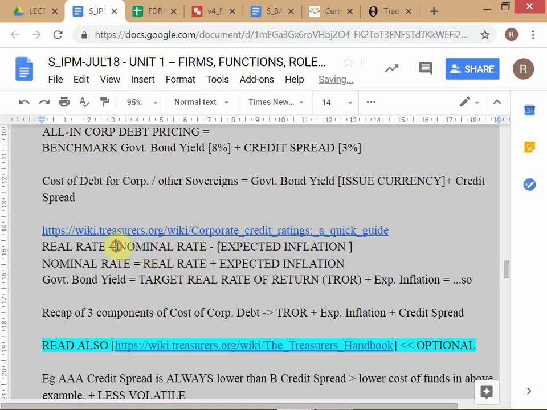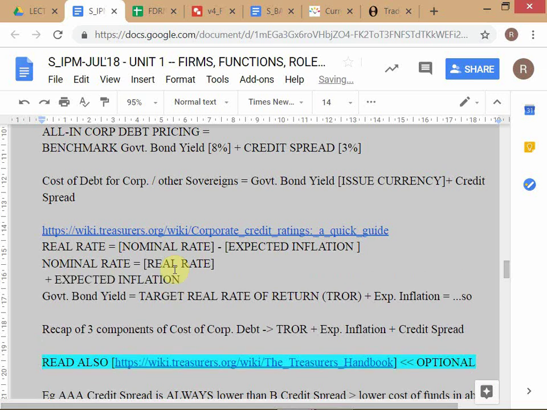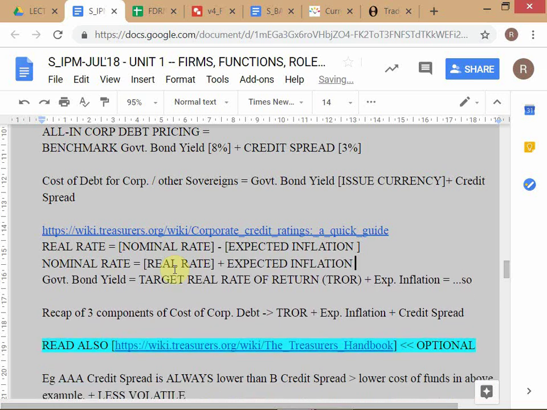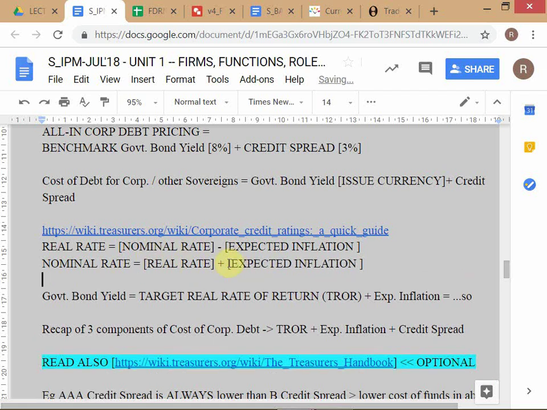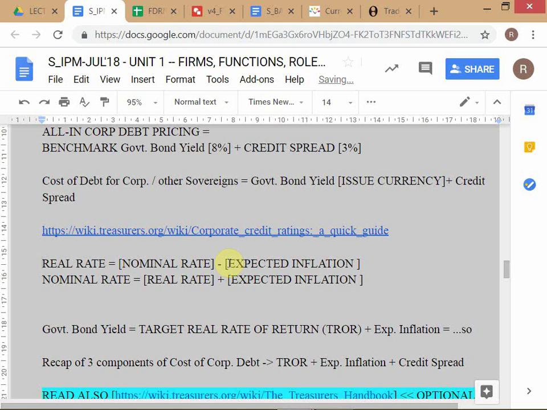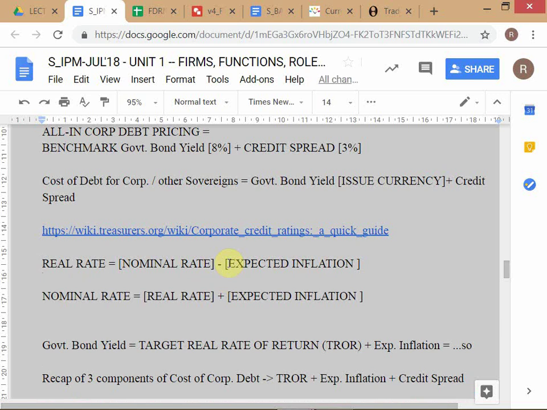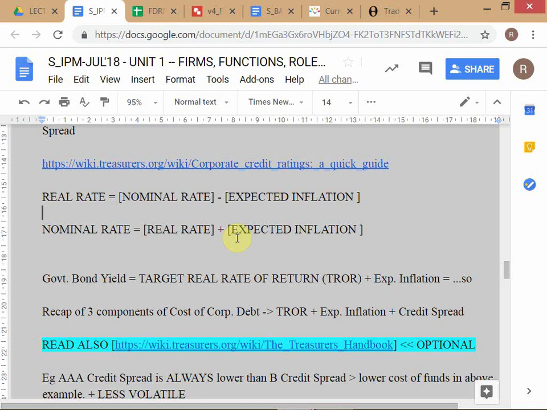Is everyone happy? Who is not happy? Okay, let's bring this here. Is this clear now? Yes, sir. So real rate is equal to nominal rate minus expected inflation. So the nominal rate is equal to real rate plus expected inflation.